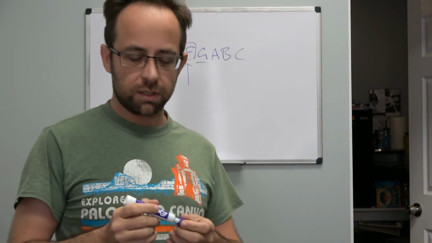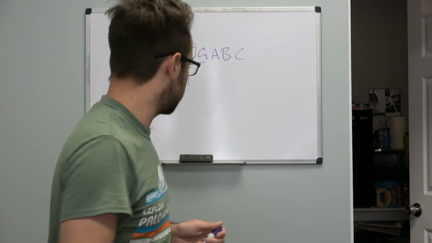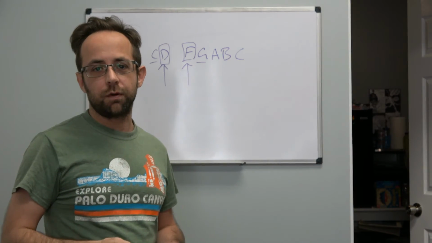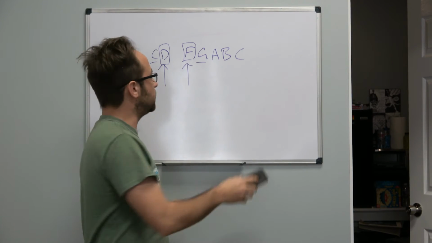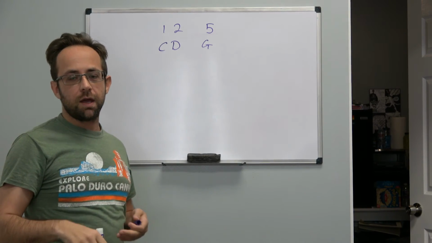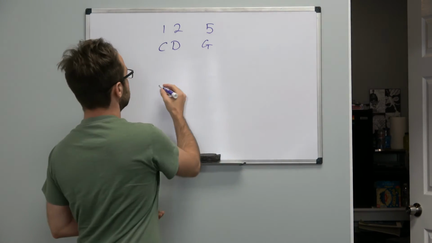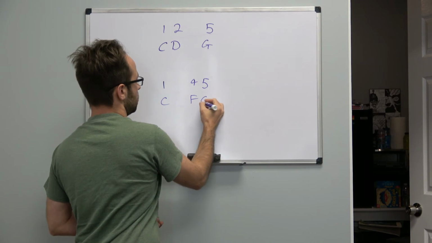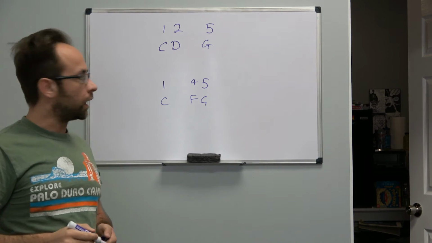So what you're going to do in a situation like this to make a sus2 chord is eliminate the 3rd from the chord. So a sus2 could be 1, 2, 5, and a sus4 chord could be 1, 4, 5. All right.